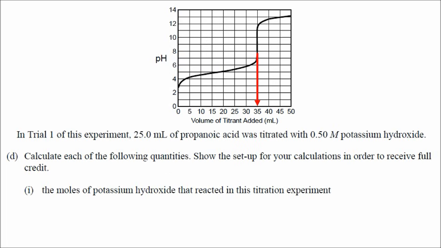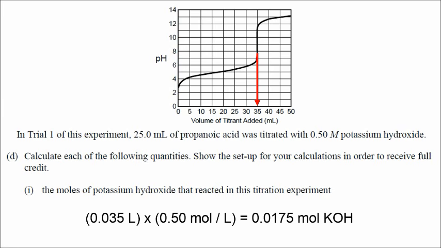All right, now we're going to calculate the moles of potassium hydroxide that reacted. That's volume times molarity equals moles. So 0.035 liters times 0.5 moles per liter, 0.0175 moles of potassium hydroxide was used. And because of the 1-to-1 mole ratio between the base and the acid, I also have 0.0175 moles of propanoic acid that was consumed in this experiment.